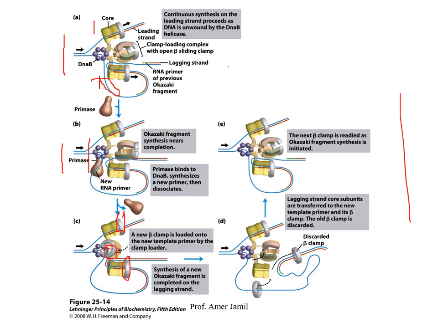As I mentioned in the table, there are different functions, especially this beta clamp loader. Why is it needed to move along with the DNA polymerase? Because in the lagging strand there are Okazaki fragments, so every time it moves further, the older clamp is discarded, it is removed, and a new clamp has to be loaded in its place.